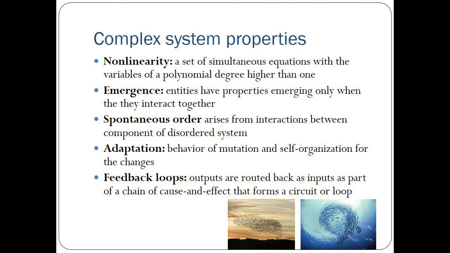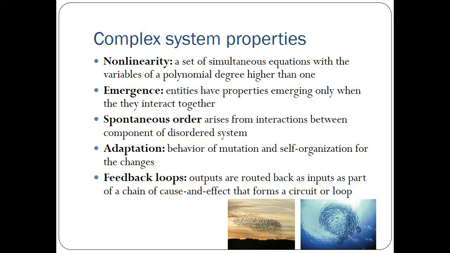And then emergence properties. Some entities have properties but can't show them, because they have simple properties. But when many such entities come together, they start showing some properties that emerge when they interact with each other.